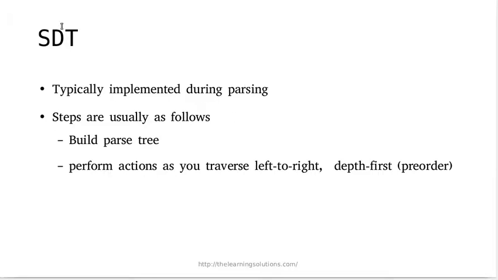So the SDT is part of the parsing process, and while implementing SDT in a parsing process, we first of all build a parse tree. For having SDT we must have the parse tree based on the given grammar, and we will perform the action on that parse tree, in which left to right traversal is there plus depth first, that is pre-order.